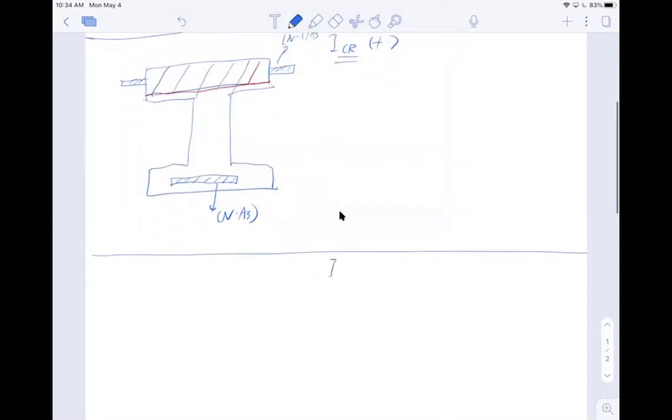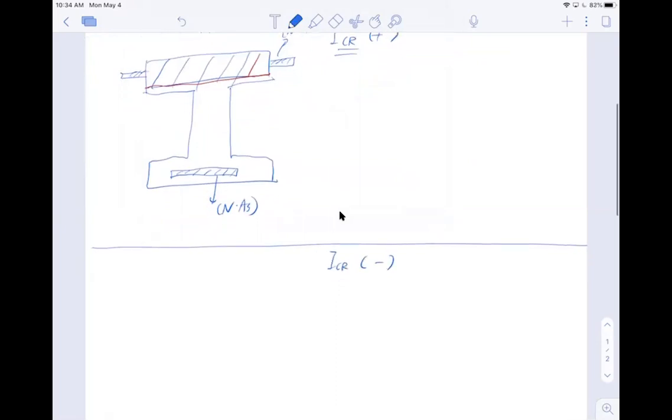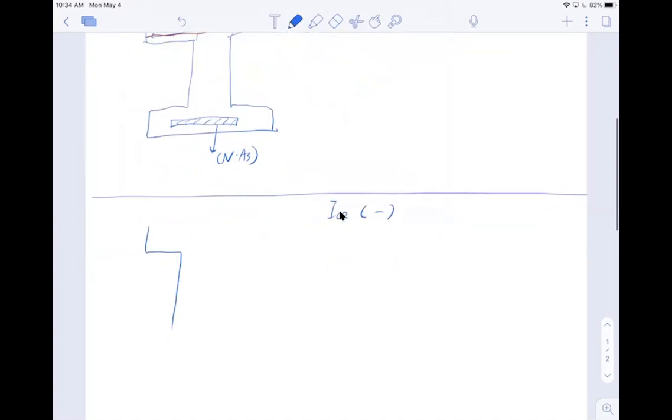Also for the cracked section with negative bending moment, you flip the section. Essentially, top and bottom, you still see compression, because I flipped the sign.